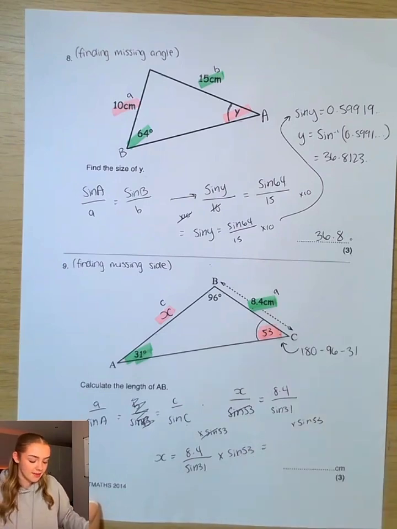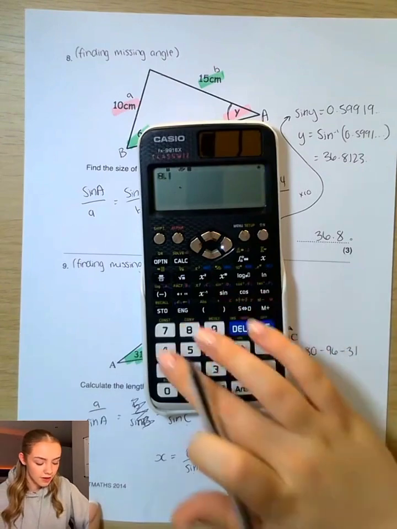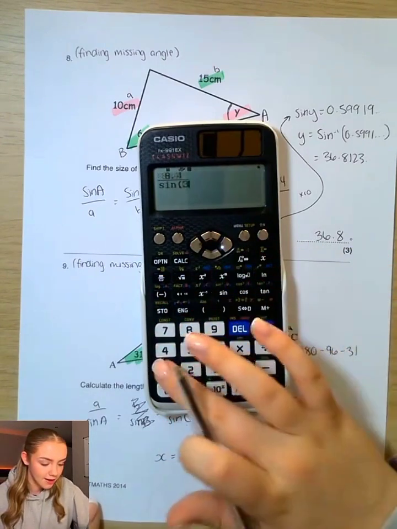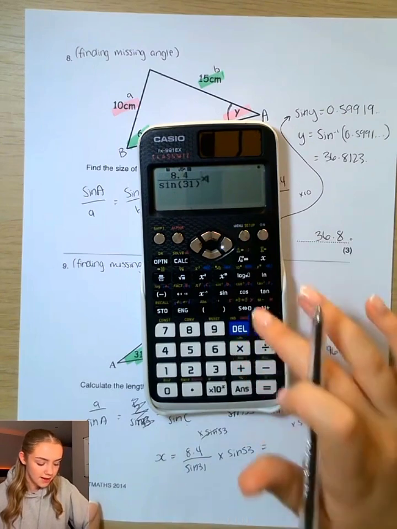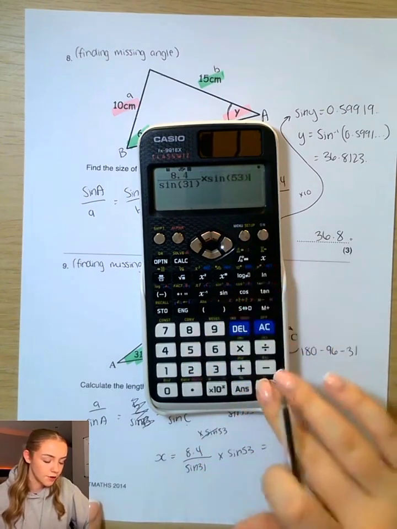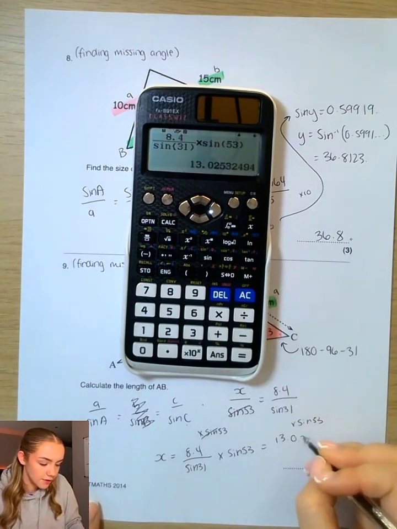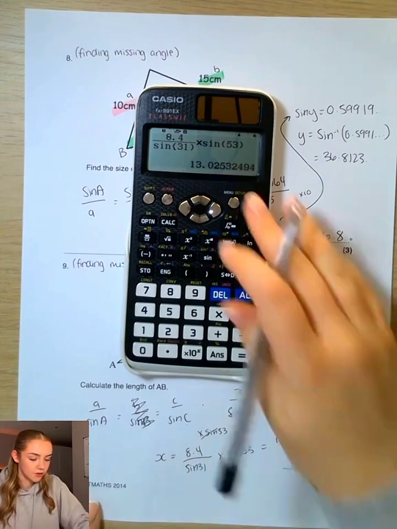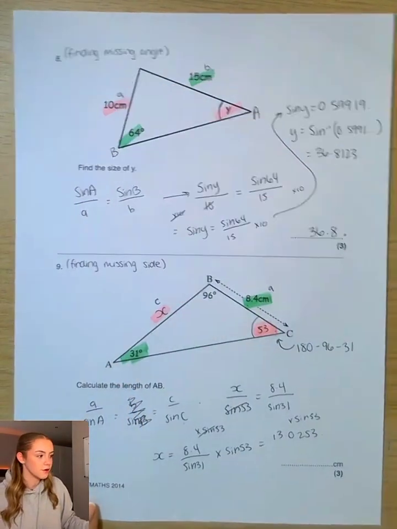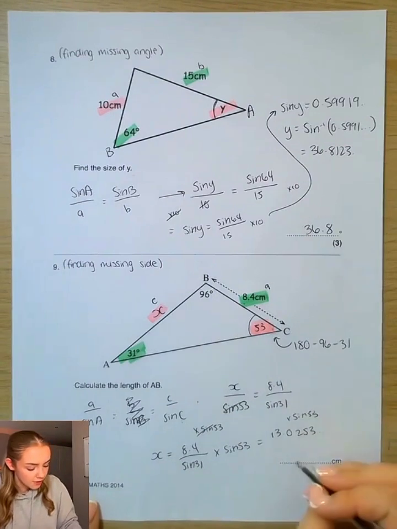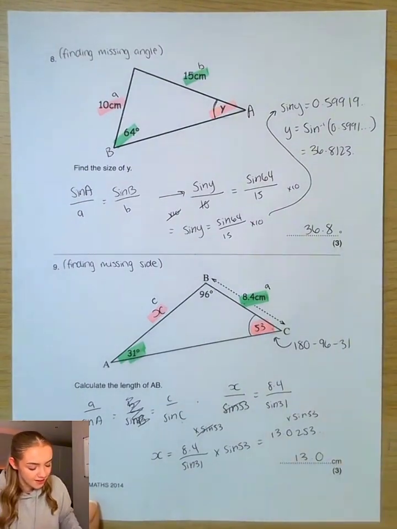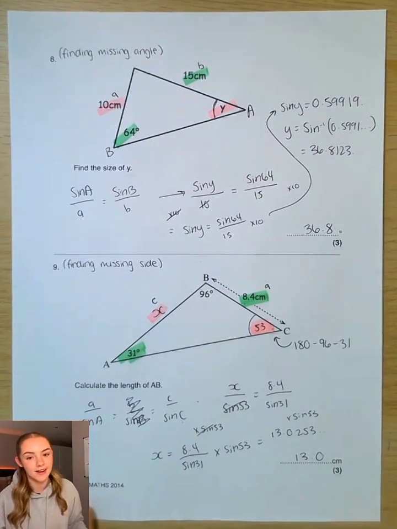We type all that in, so 8.4 over sine 31 times by sine 53 gives us 13.0253 and so on. Again, it doesn't ask us to round, but I'll just do it to one decimal place. So that will be 13.0 centimetres as our final answer.